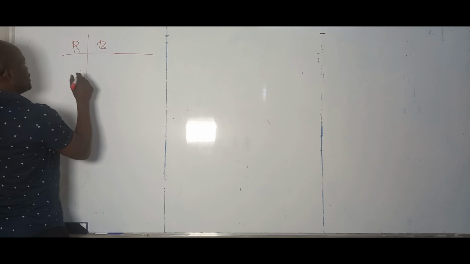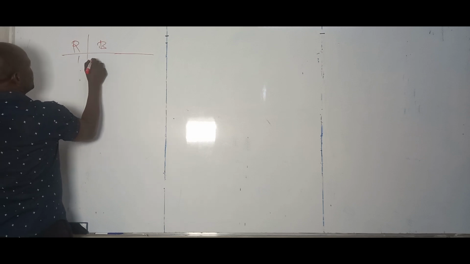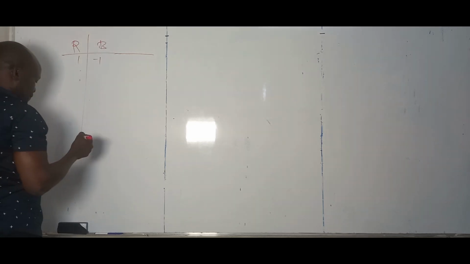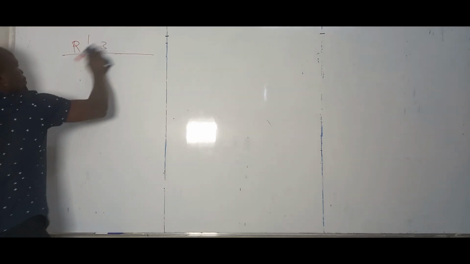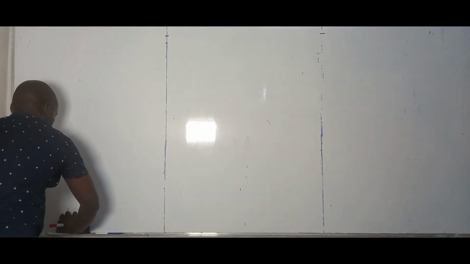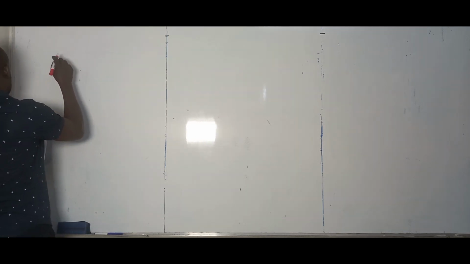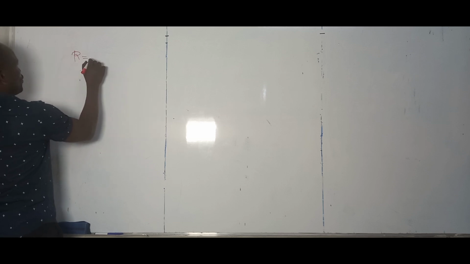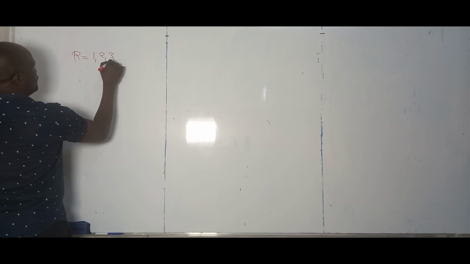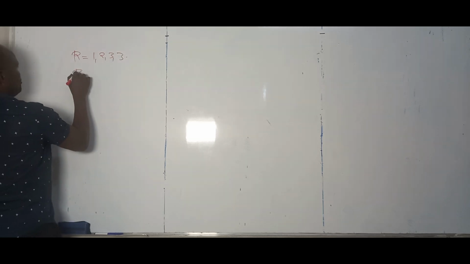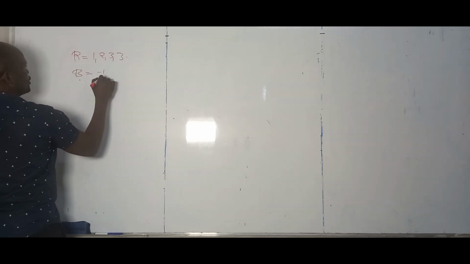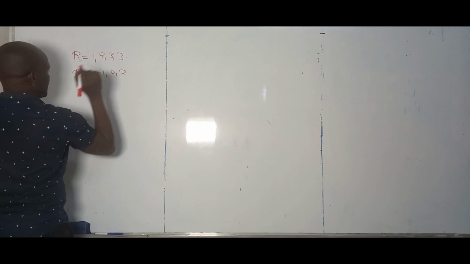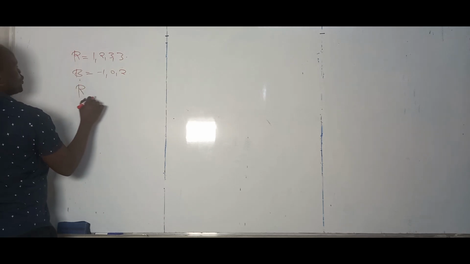In a throw, I could end up with 1 and -1. Let me write them here so that we see. R is 1, 2, 3, 3, and B is -1, 0, and 2. I want to see the possible combinations.